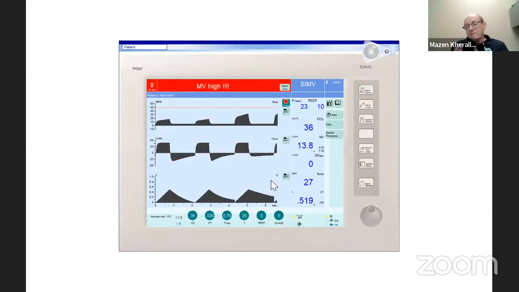Of course, we talked the last time about APRV, and the way we generate PEEP for patients with ARDS on APRV is by creating auto-PEEP, if you remember. If you were present last week, we talked about that. And at that time, the auto-PEEP is the desired PEEP that we wanted to keep the airways open.